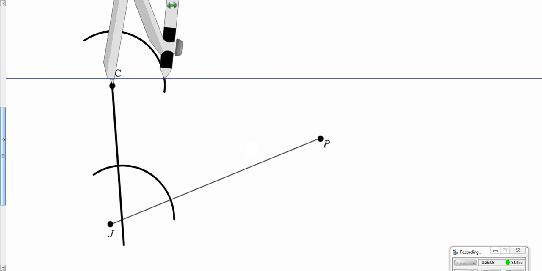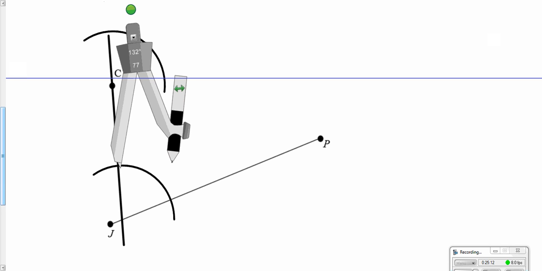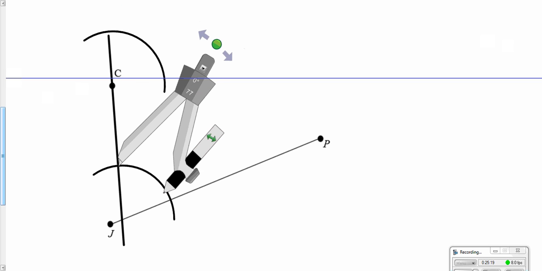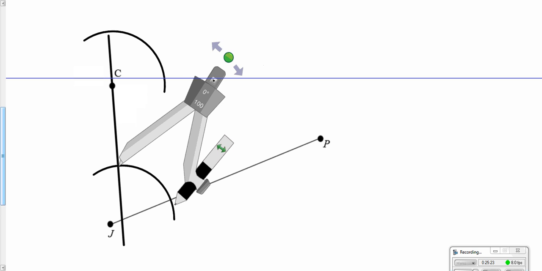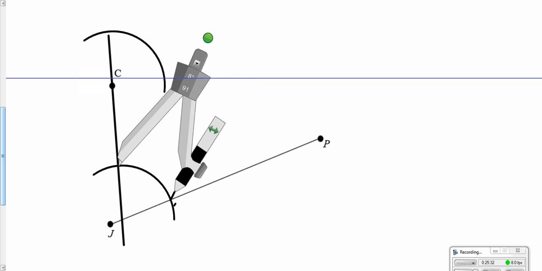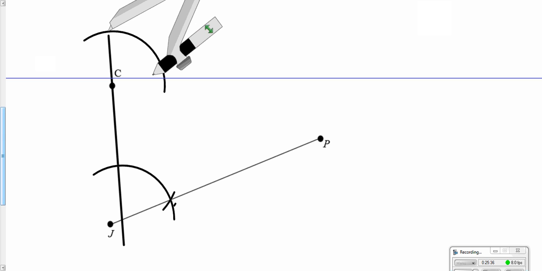Okay. So now I want to measure how big this angle was using my compass. Put my compass point on where my arc intersected my line. Open it up so that the pencil point is measuring the arc. And then you can draw the arc there. Then bring it up to where your arc intersects your line.